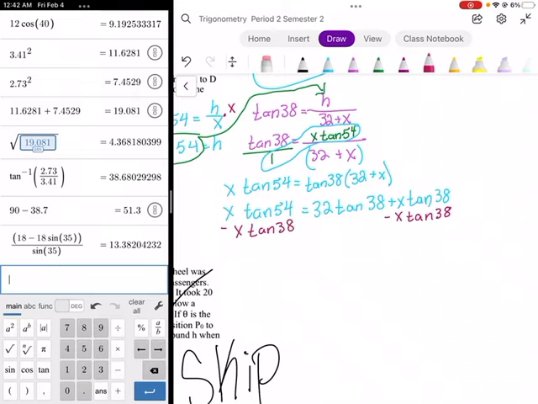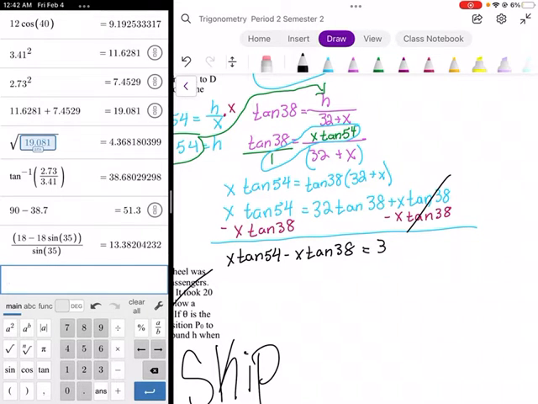Now, because these tangents are not the same, we cannot combine them like we would combine a 2x and a 3x. So we're going to have to write them separately. We'll have x tangent of 54 minus x tangent of 38. And because we got rid of that, it'll just be equal to 32 tangent of 38.